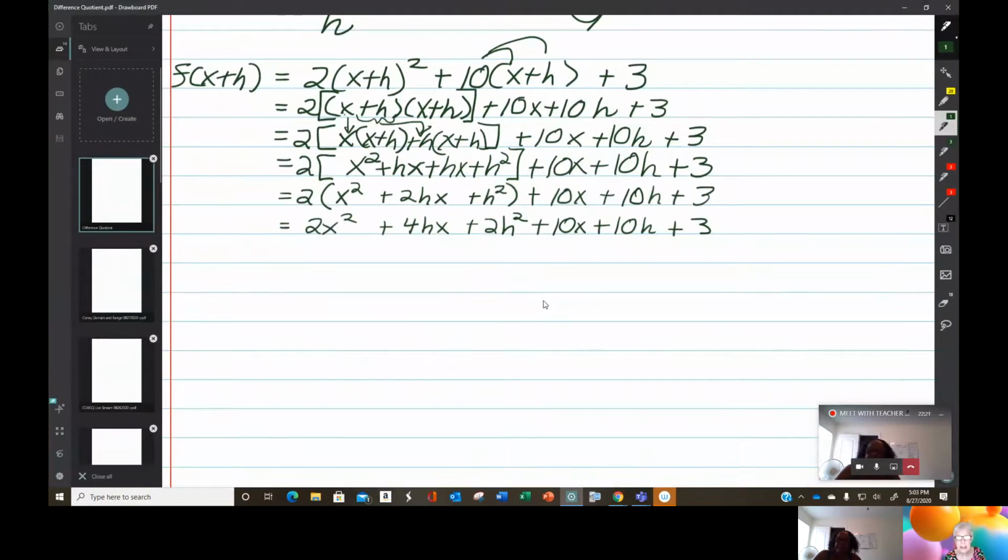Okay, now this is the end of the first step. We've taken x plus h and put it in for every x. And then we had to calculate it.